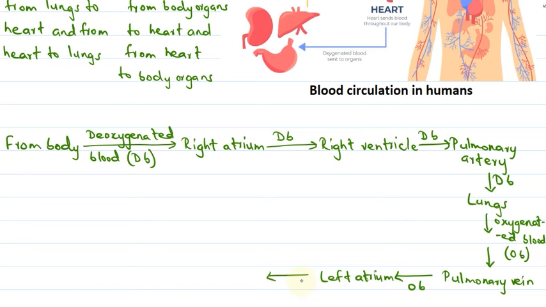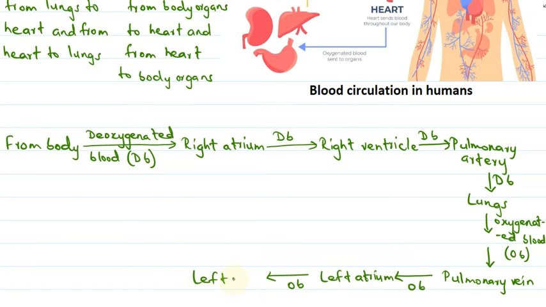Again from the left atrium, this oxygenated blood, so from lungs the blood got oxygenated, which is carried to left atrium through the pulmonary vein, okay. So again from the left atrium the oxygenated blood goes into the left ventricle.